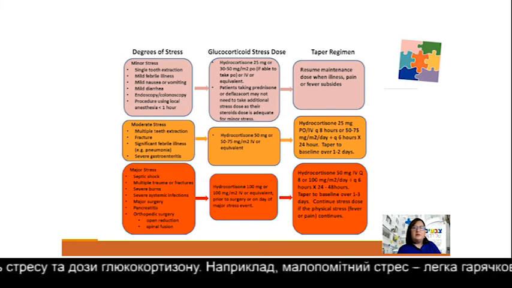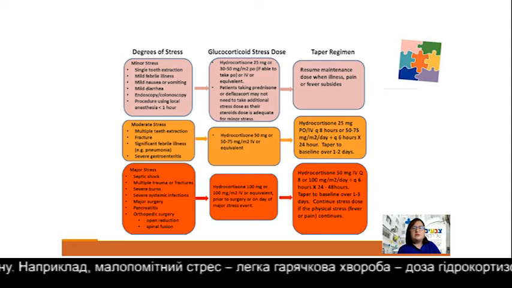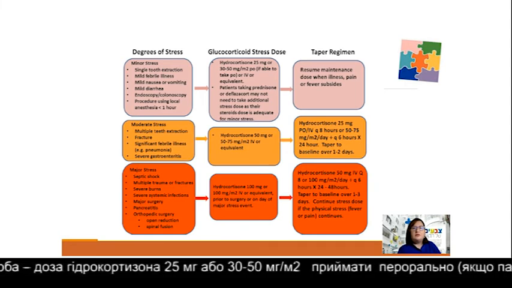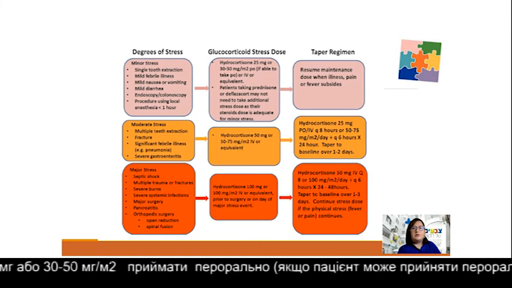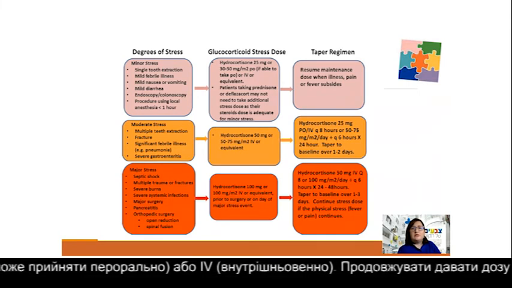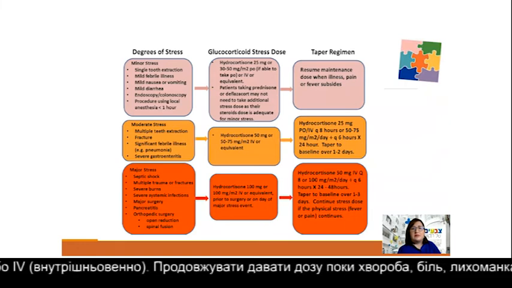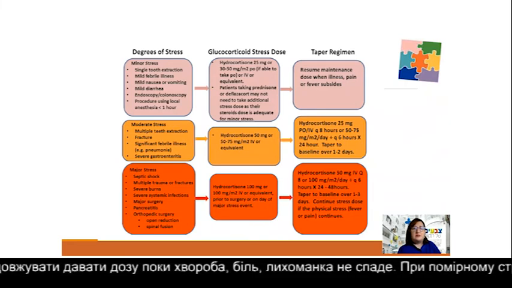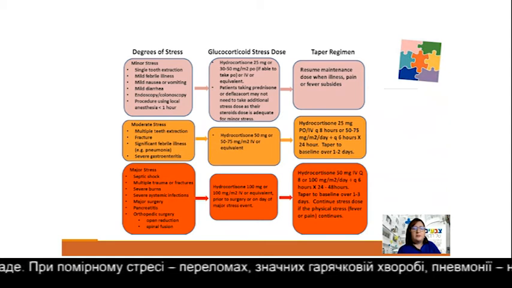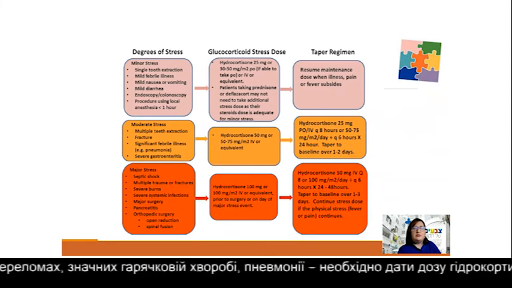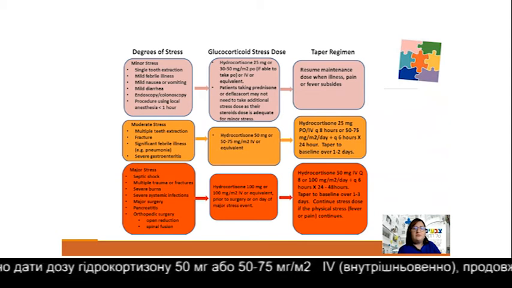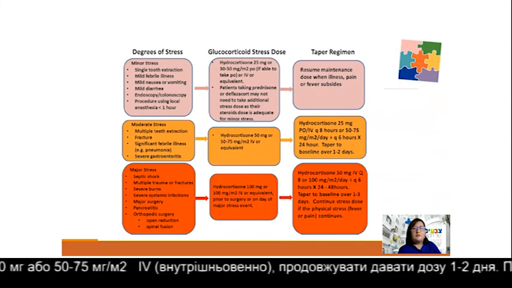For example, in minor stress, minor febrile illnesses, the dose of hydrocortisone is 25 milligram or 30 to 50 milligram per meter square per os or IV, and resume the maintenance dose when illness, pain, or fever subsides. In moderate stress, fracture, significant febrile illnesses, pneumonia, hydrocortisone should be given in a dose of 50 milligram or 50 to 75 milligram per meter square IV.